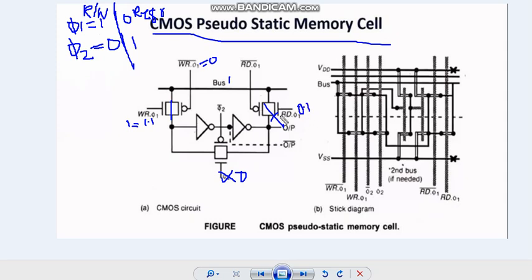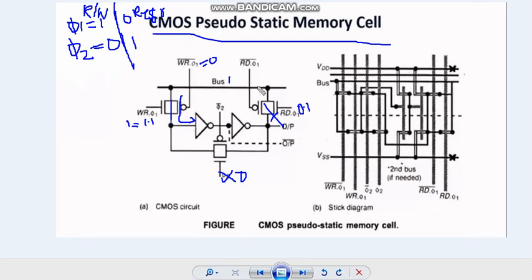So the bus is carrying a bit 1, and this is on, hence the value is written through this path. We already analyzed this: the turning-on condition is 1 as well as 0, so that turns on the CMOS, and whatever data is present in the bus, that bit 1, will be transferred here, obtained across the input and stored in the memory cell.